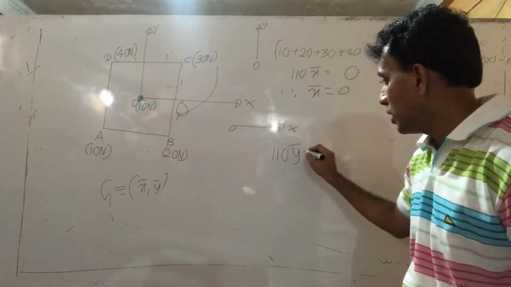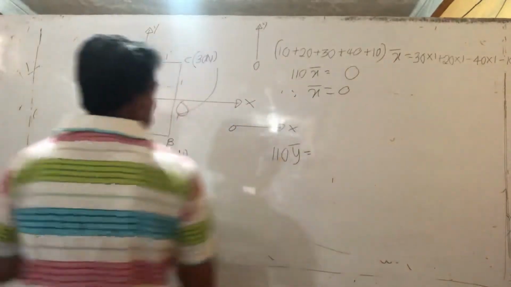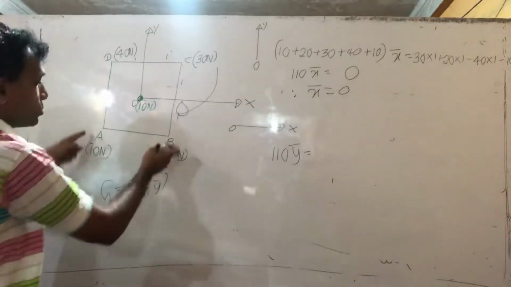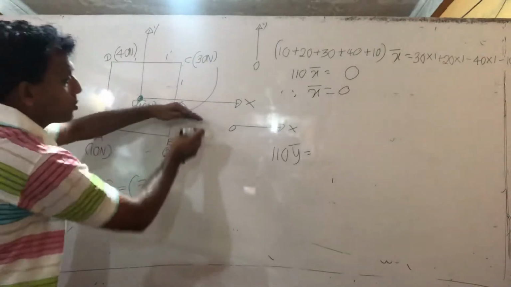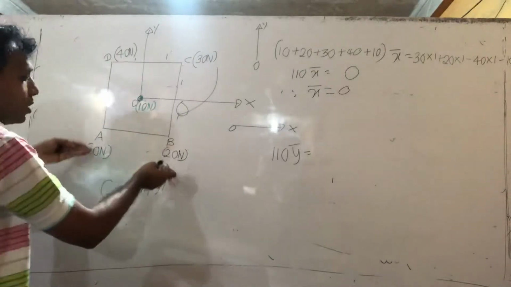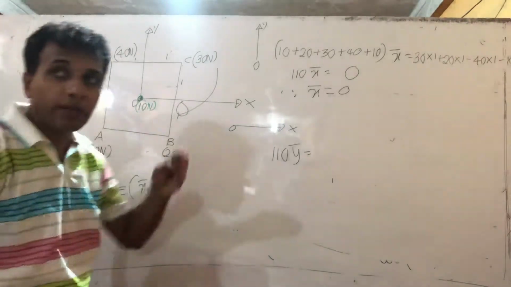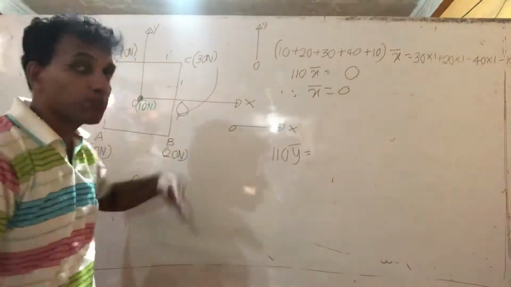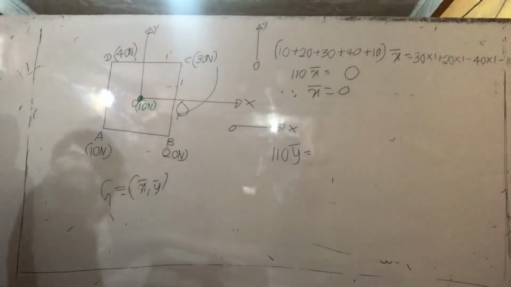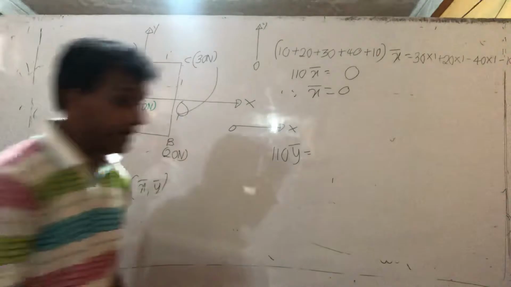Y bar equals what? About the x-axis, just 2 positive, just 2 negative. The y bar distance, these two above become positive. The below 10 and 20 become minus. Below the x-axis, minus distance.